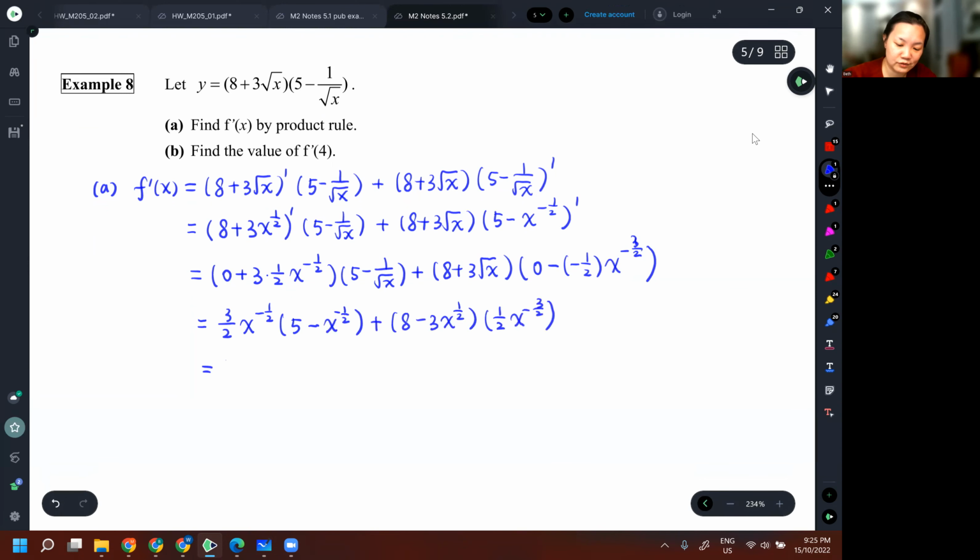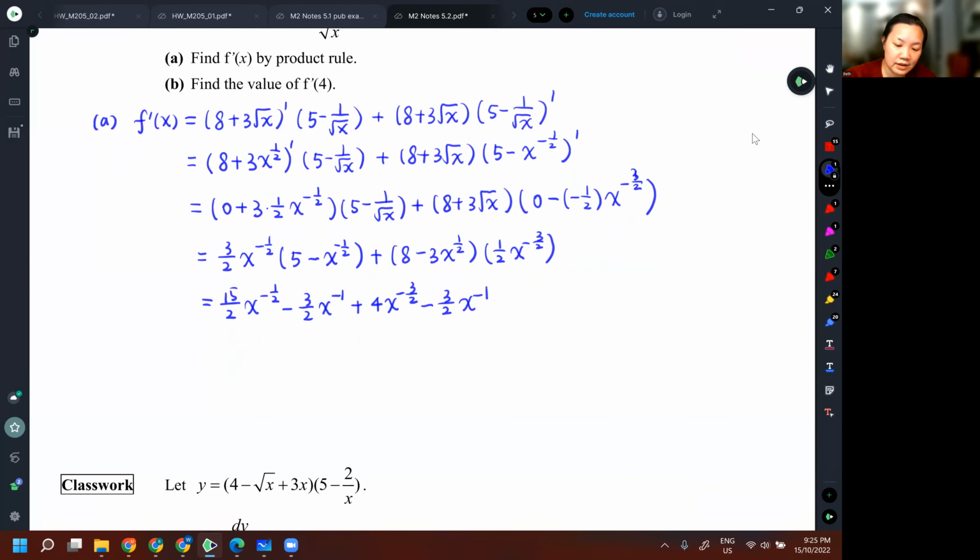You have to do 15 over 2, x to the power negative 1 over 2, minus 3 over 2, x to the power negative 1, plus 4, x to the power negative 3 over 2, minus 3 over 2, x to the power negative 1.